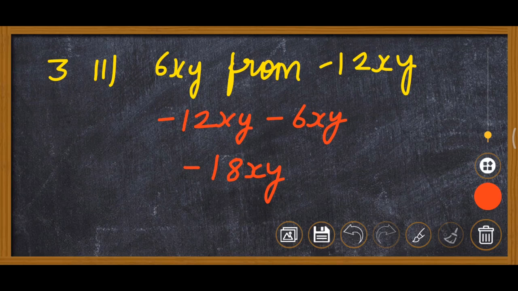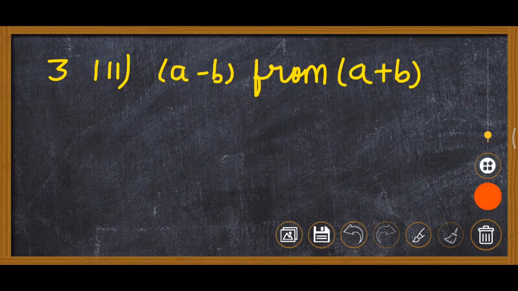negative sign. Now this is the third part, a minus b from a plus b. First of all write a plus b, then take the minus sign, then a minus b.